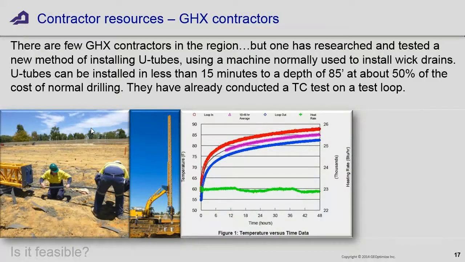And then the contractor resources. In this particular site, there's not a lot of geothermal heat pump system work that has been done in Australia. This project is in Australia, but we did find one of the contractors there that does a lot of foundation work. They hadn't done geothermal system work, but what they do is install what they call wick drains.